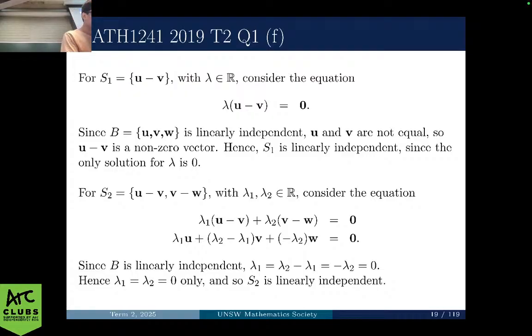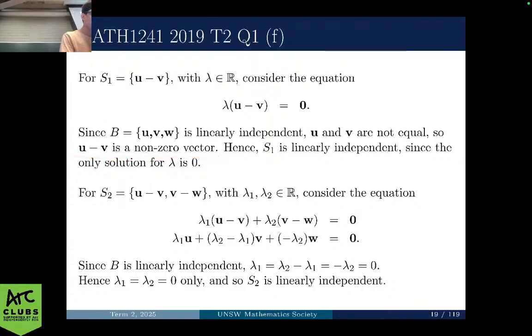Before that, let's establish that we know that this set, u, v, w, is linearly independent. And so u and v can't be equal, so u minus v is non-zero.